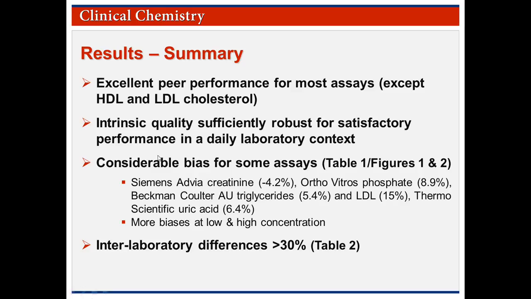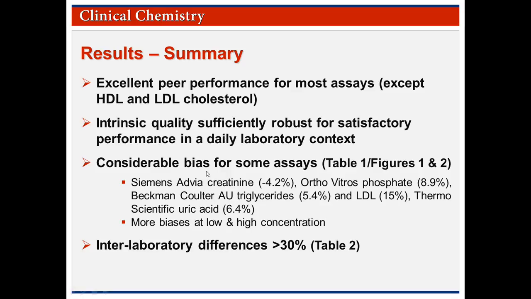So the question is, what are the main findings of the study, and what are the limitations? So the results were as follows. They found good performance for most of the assays except for HDL and LDL cholesterol. And the quality was sufficiently robust for performance in a daily lab context.